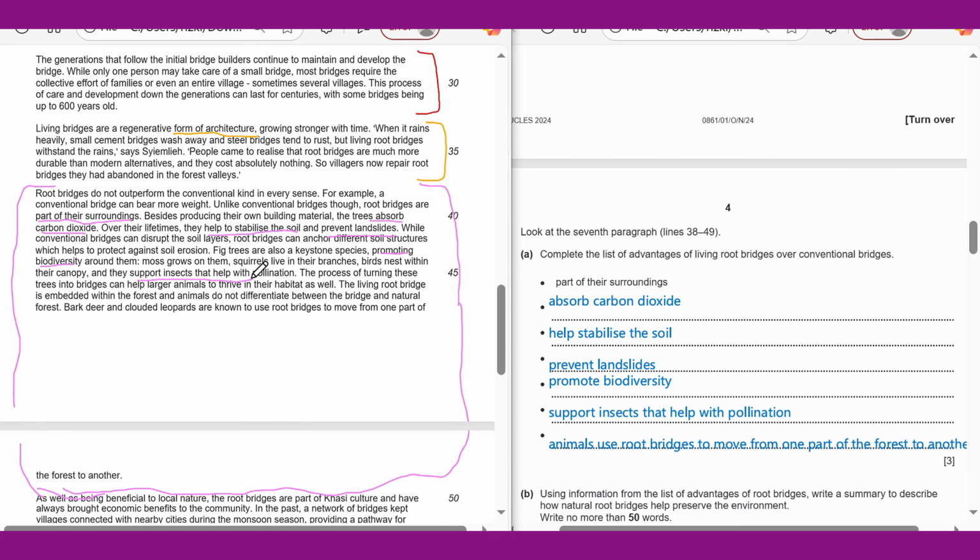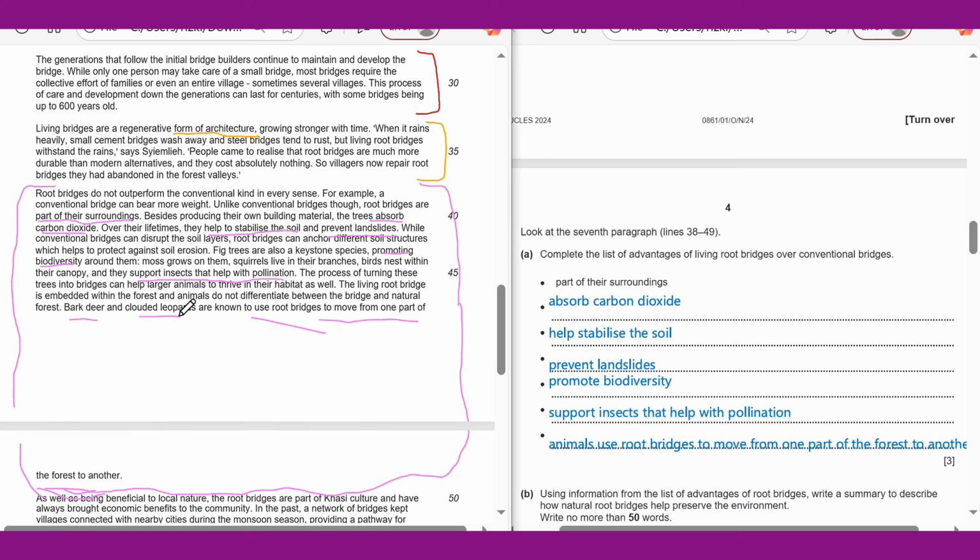And also the last is animals use root bridges to move from one part to another part of the forest, such as barking deer and clouded leopards.